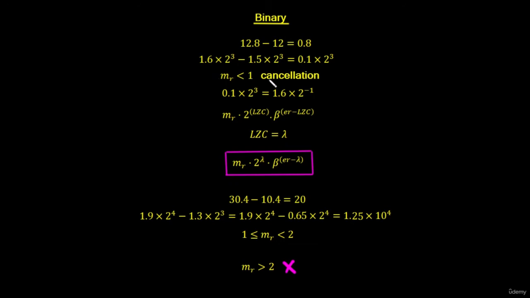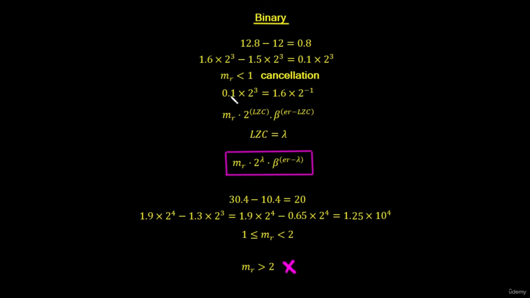So it means we're going to have to normalise this result because we want a number here that's greater than or equal to 1 and less than 2. So how do we take this number and generate a number which is greater than or equal to 1 and less than 2? Well, in order to increase this mantissa, we can only increase it by doubling it each time because we're using binary.